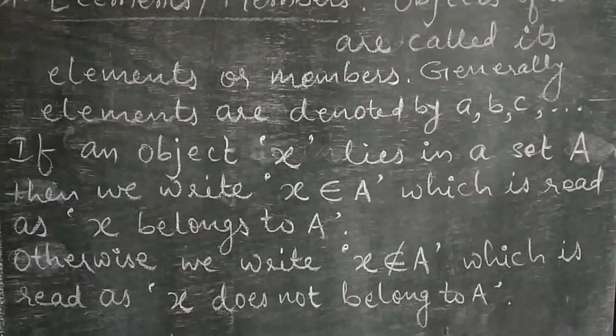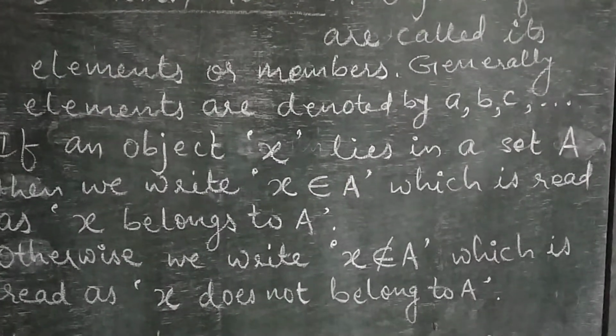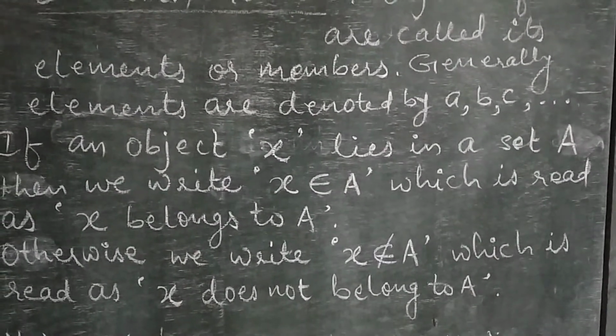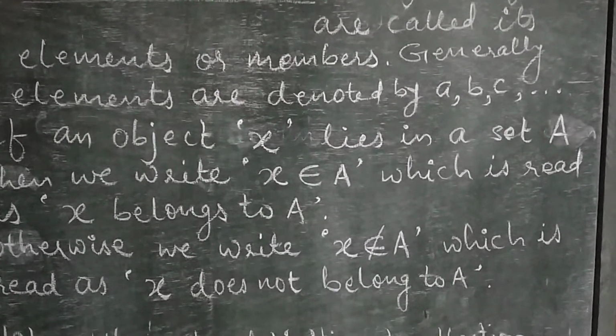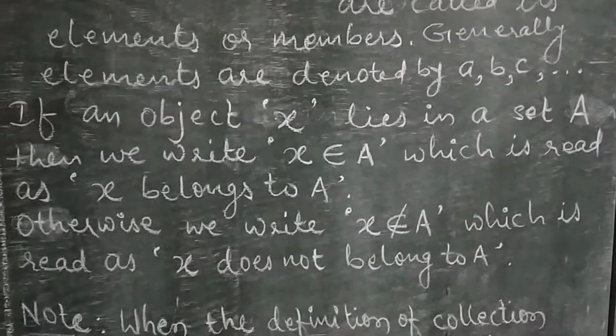Generally, elements of sets are denoted by small a, b, c, small alphabets of English letters.